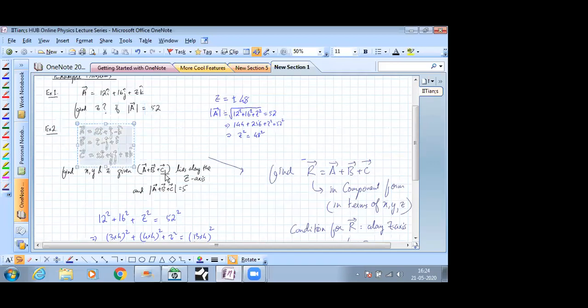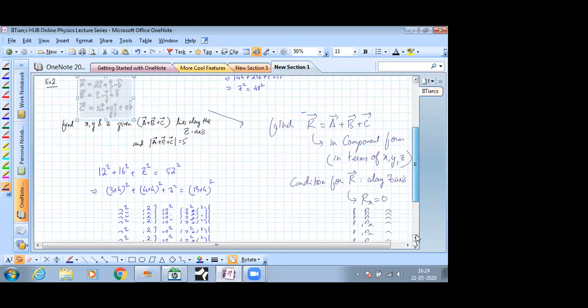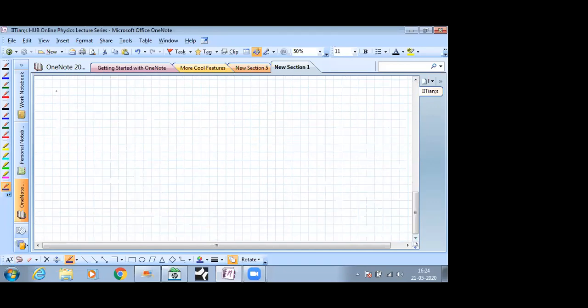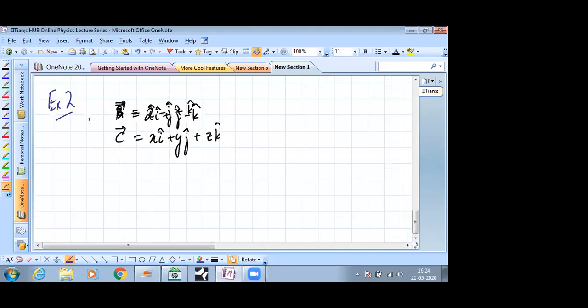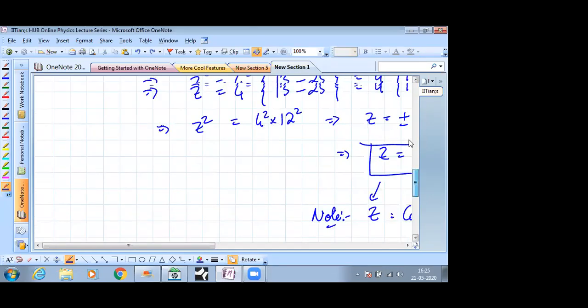So let me pick up the values in the question.